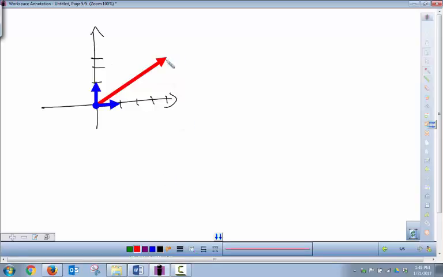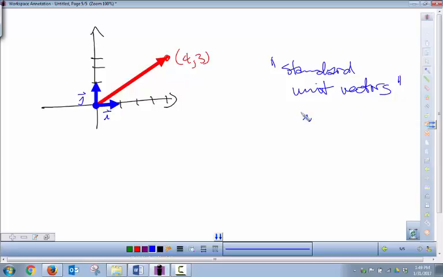So let's say this vector that I have here is a vector whose standard position is 4, 3. So we can call that vector with brackets 4, 3. But then if we define these special vectors called the i, j standard unit vectors, with hats, because they're unit vectors and they form a basis.